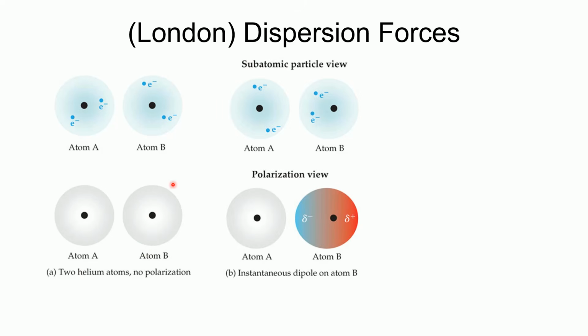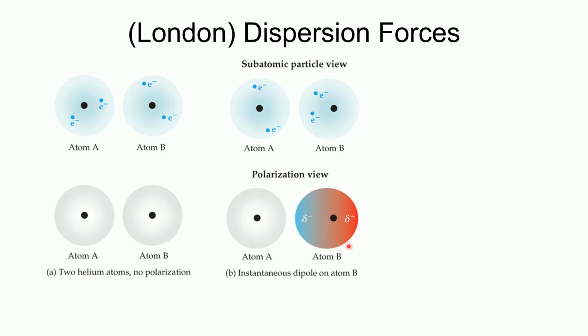Well, it is possible for the electrons to get temporarily unbalanced on that atom, and when it gets temporarily unbalanced, we'll find that there can be a small dipole created in that atom. That means there's a slight positive charge on one side and a slight negative charge on the other side, in this case just an atom.